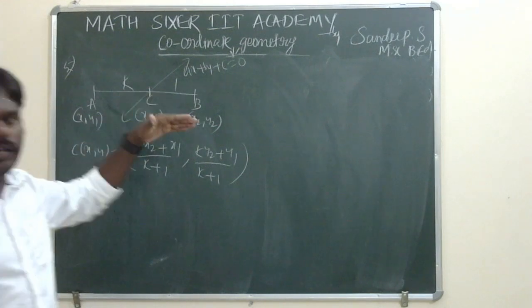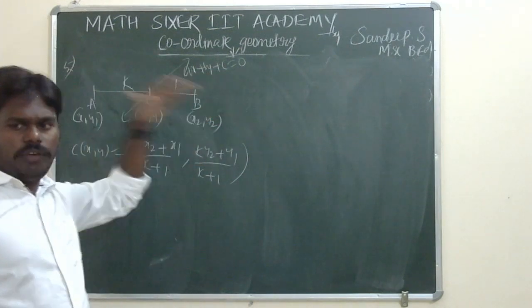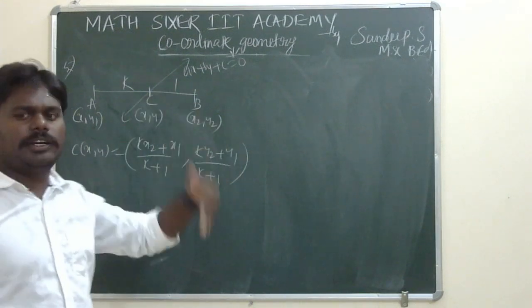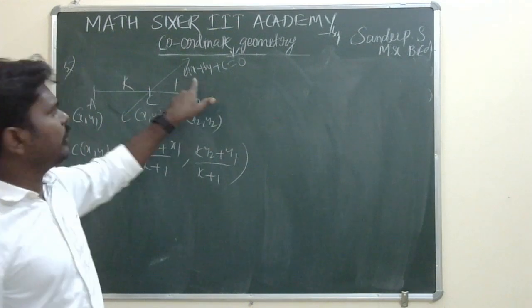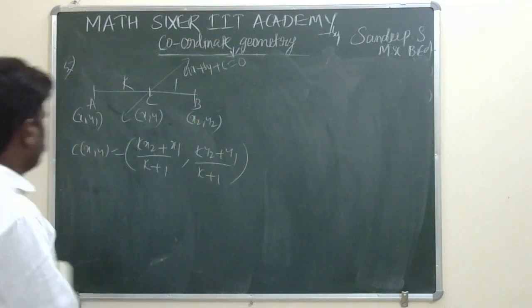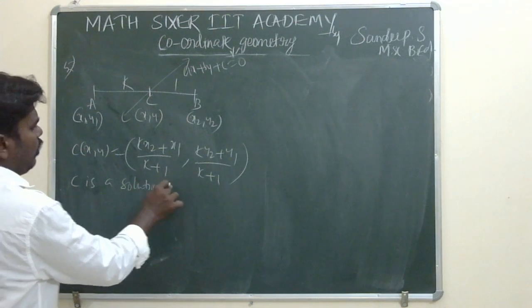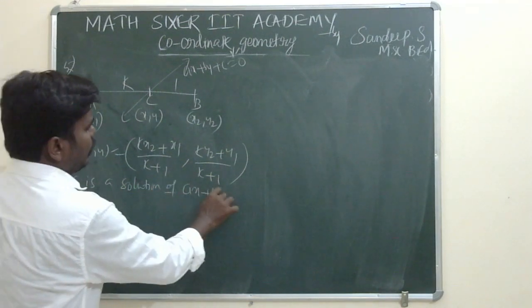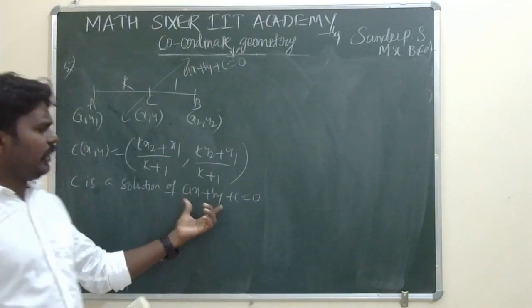A line consists of an infinite number of points, and every point on it is a solution of it. So C is a solution of the line ax plus by plus c is equal to 0. That means it must be satisfied by the point.